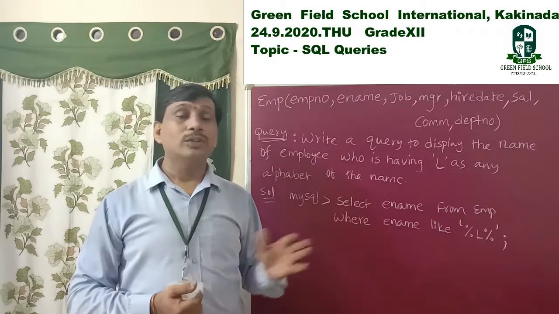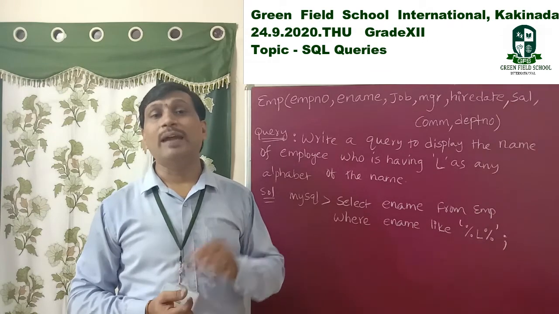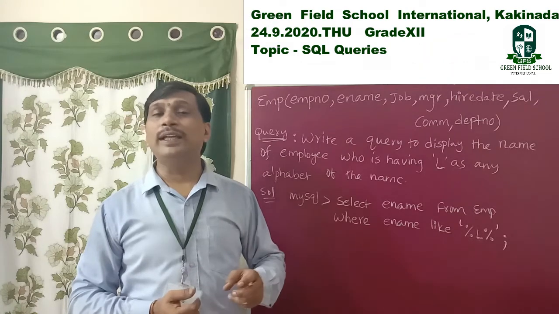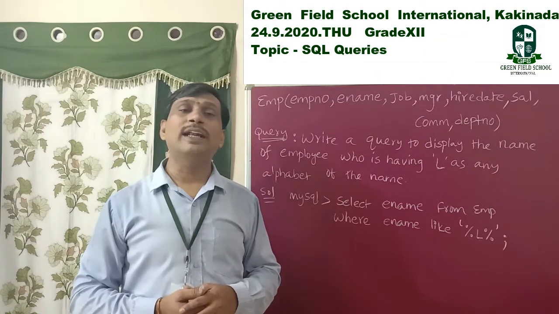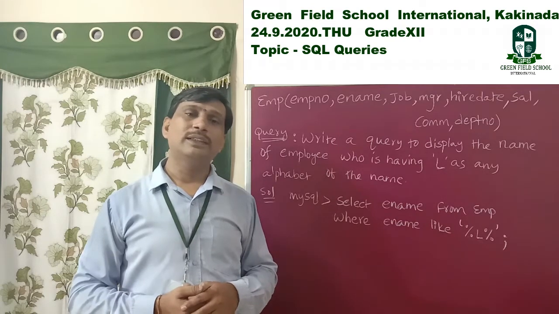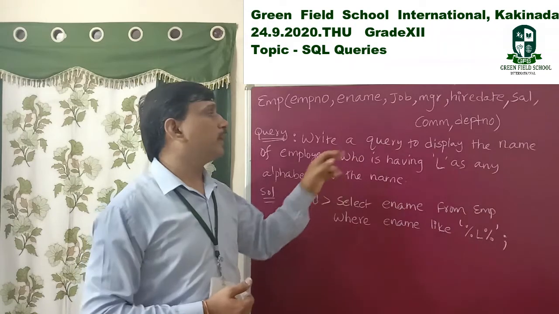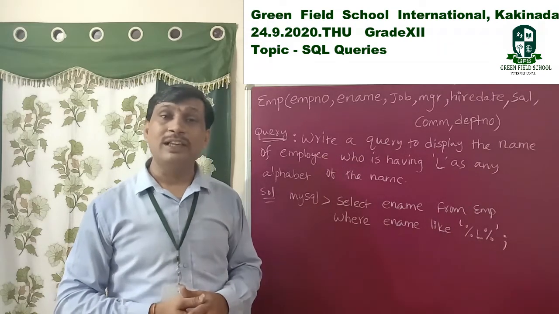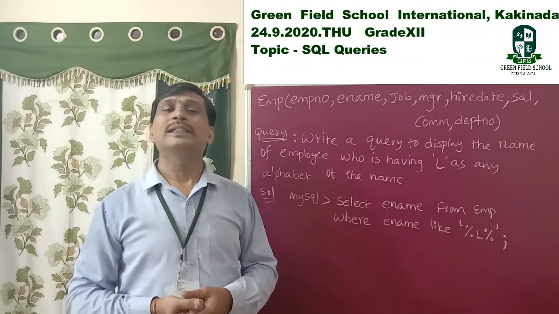We consider only capital L, not small l. All those having capital L in the first, middle or last position must be displayed in our output. This is the concept of the LIKE operator with underscore and percentage symbols.